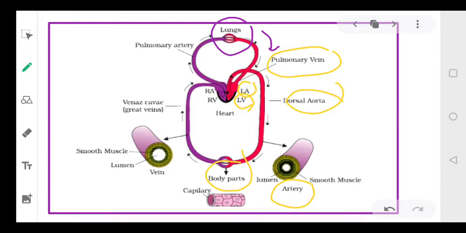Now from all parts of your body, the blood is collected by the vena cava. The great veins bring the blood back into the right auricle, and from the right auricle the blood goes to the right ventricle. Then the ventricle contracts and the blood reaches back to your lungs through the pulmonary artery.